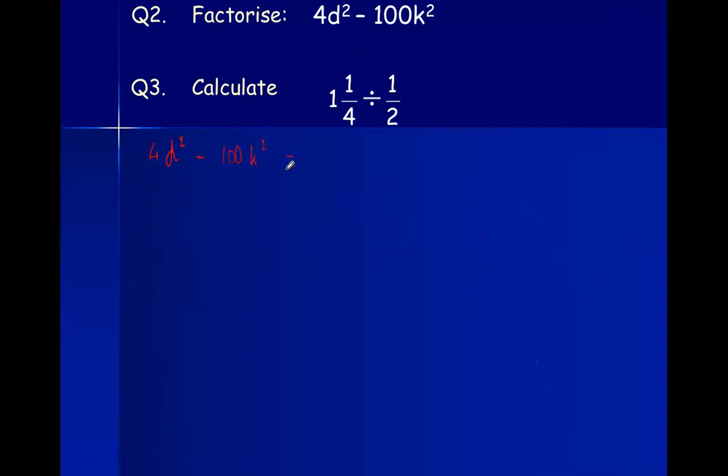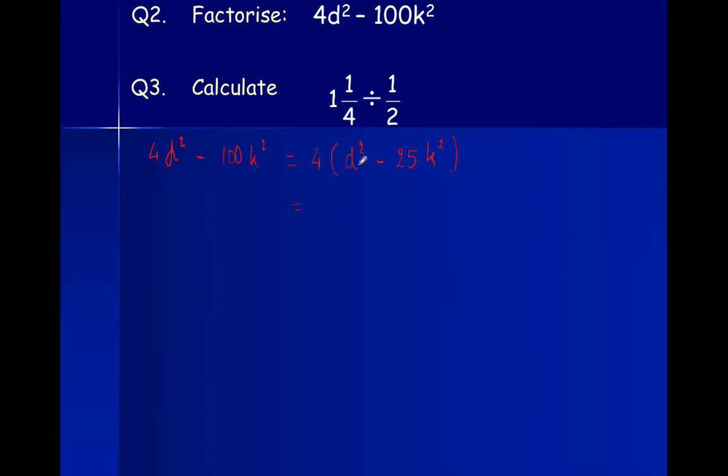So now you need to ask yourself, how can I factorize this? So you can find a common factor if you want. There's 2 ways of doing this. You can find a common factor. So if you were to get 4 outside as your highest common factor, you can get 4 times d squared minus 25k squared, yeah?